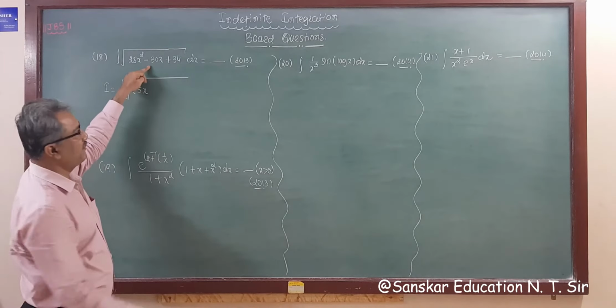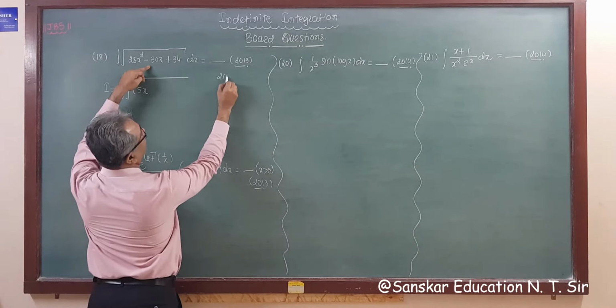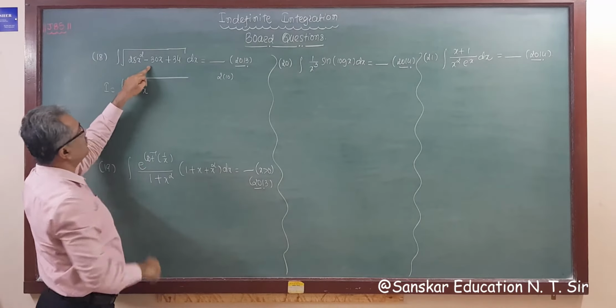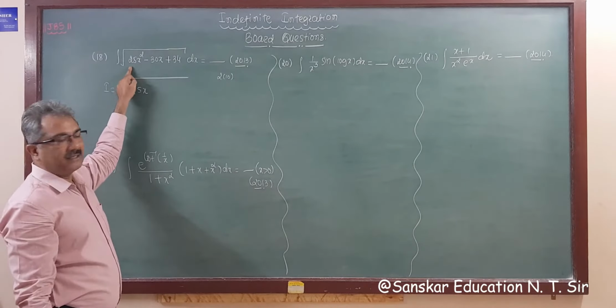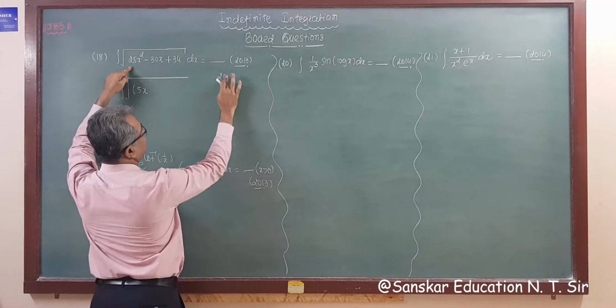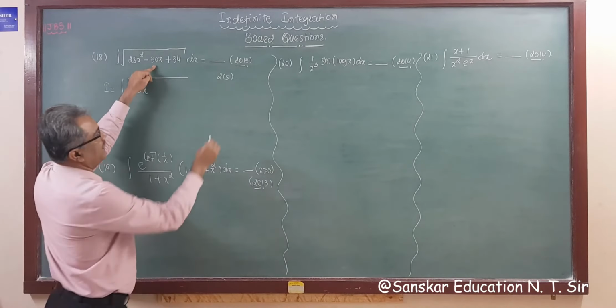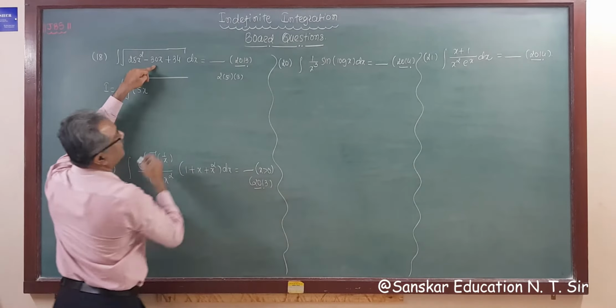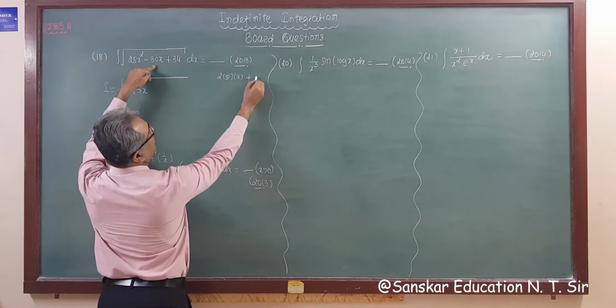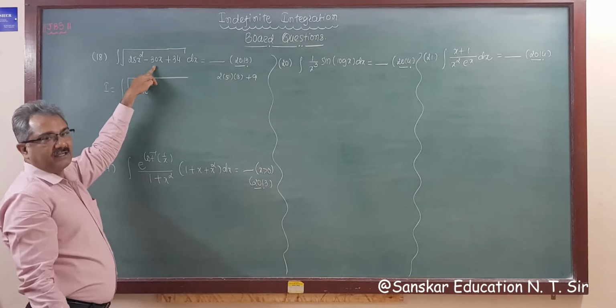Minus 2 times 5x, that is 2 into 5, 10 into 3. So your last term will be 9. So you want the last term as 9, right?